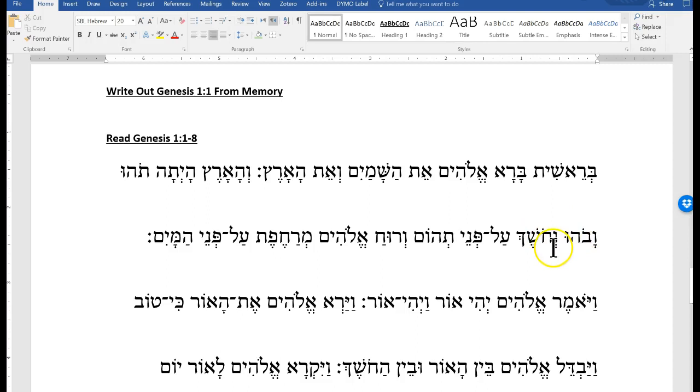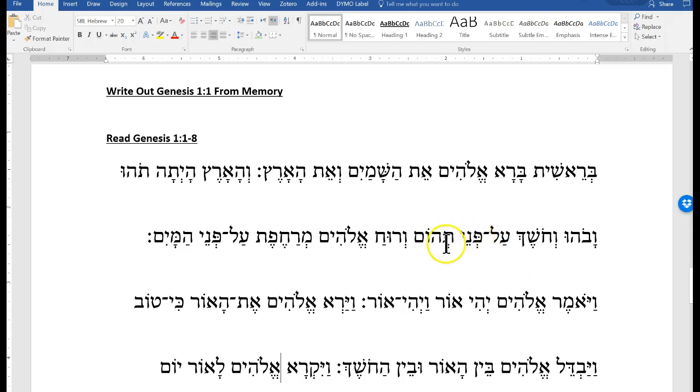Ve, there's your "and," vechoshek al pnei tehom, and darkness was on the faces of the deep. We haven't learned this yet, but this is a construct. So Panaim is face, but if you want to say faces of, you change the spelling a little bit.